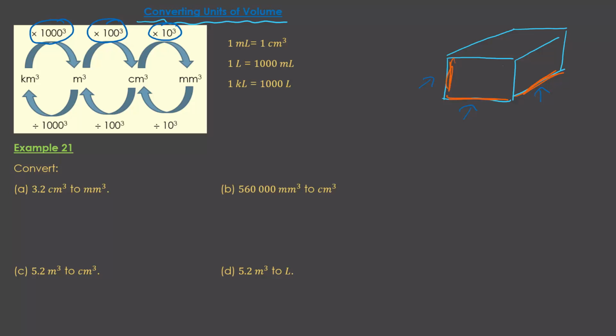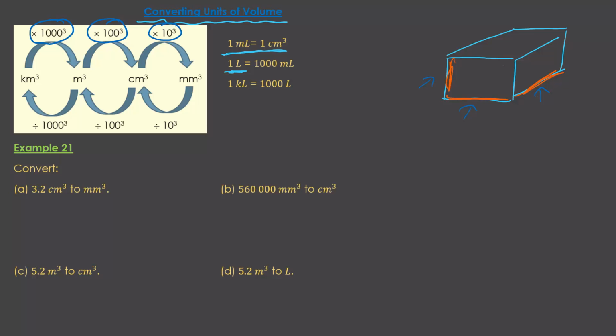Some other units we need to be aware of here. The litre is a unit of volume. 1 milliliter is the same as 1 cubic centimetre.